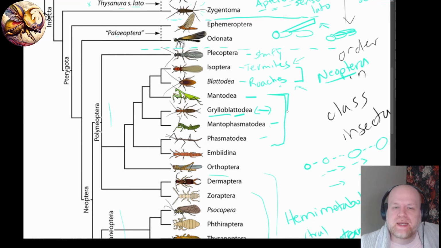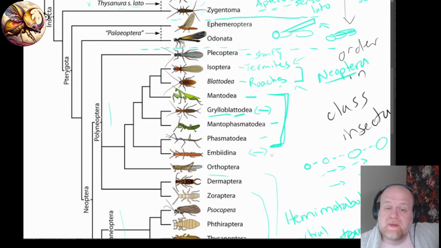But these are all closely related in that they have very, very similar body plans. They all kind of have a very elongate body, modified legs. Think of a praying mantis or a walking stick. The Embryodina is something that, unless you live in the tropics, you may have never seen. These are called web spinners. There are very few that live in temperate areas.